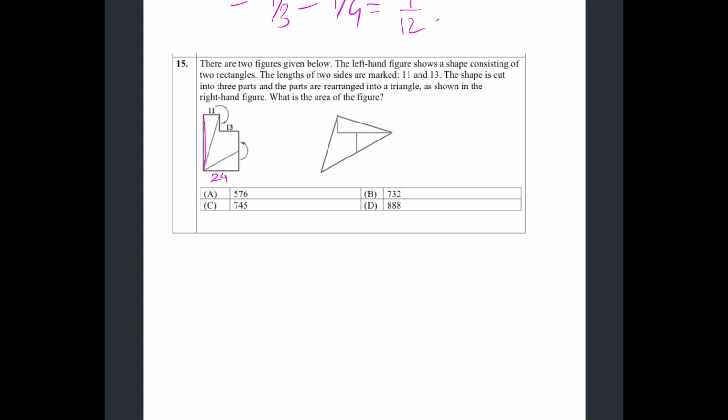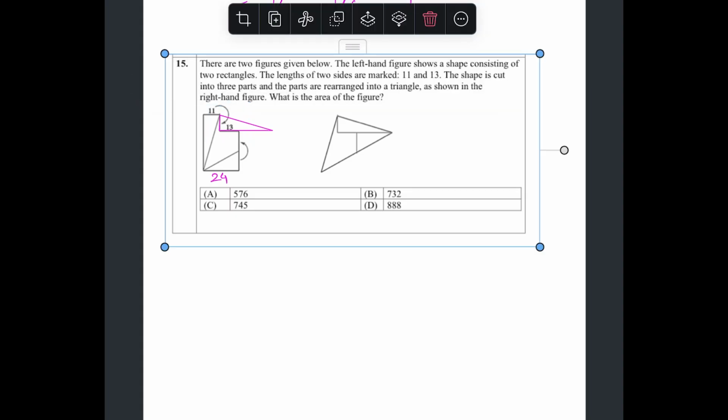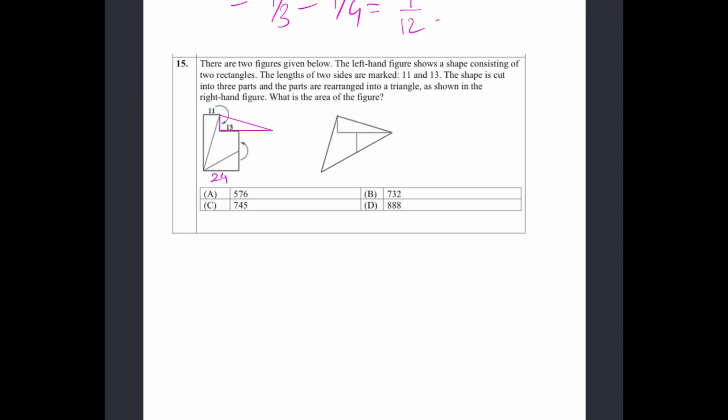We're taking this triangle here, turning it around like that, and fitting it here. If it fits perfectly, then this length should also be 11. Okay, and what else are we doing?